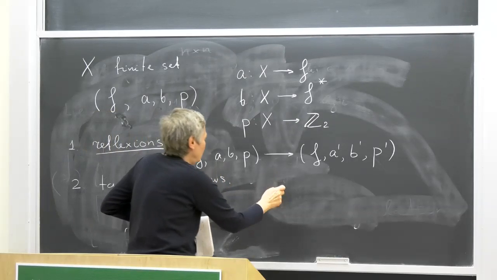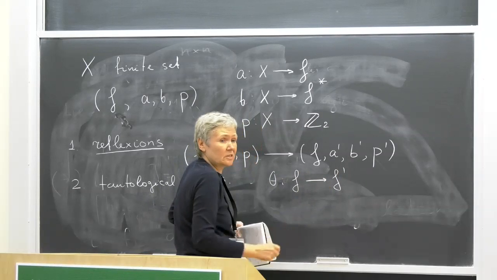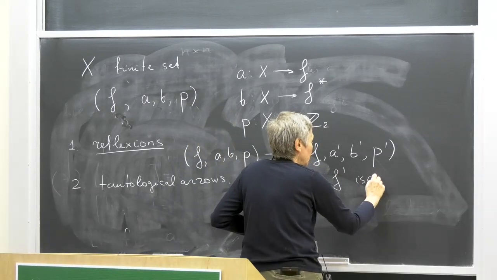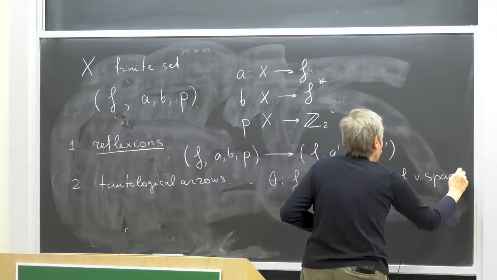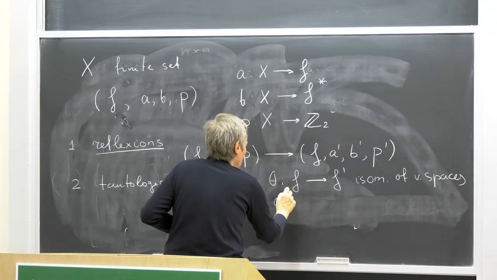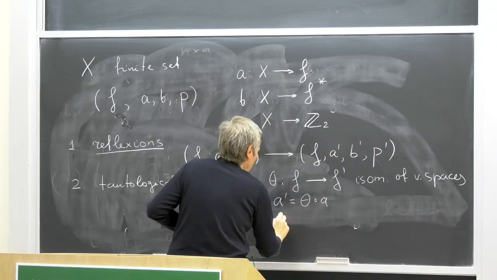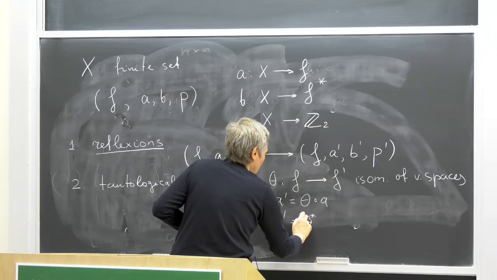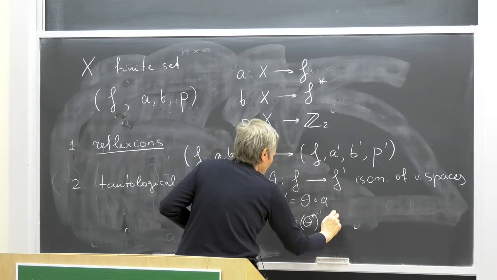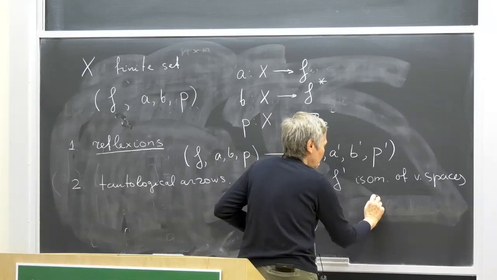If I have H and H prime and an isomorphism of vector spaces, just a linear isomorphism, then I construct A prime as the composition of the isomorphism and A, and B prime as its dual, and P prime is equal to P.